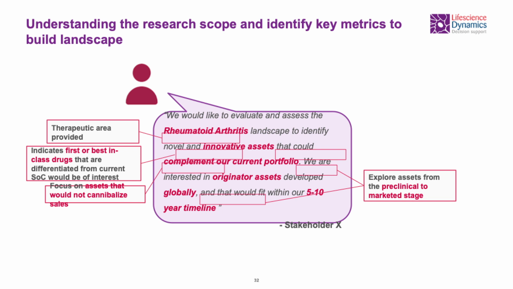The fact that they say innovative assets means that, exactly as you mentioned, they're looking for first or best-in-class drugs that are differentiated to standard of care or are new in the space. Complementing the current portfolio indicates that they are playing in this space already, so they are potentially looking for an asset to complement their existing asset and not cannibalize the existing portfolio.